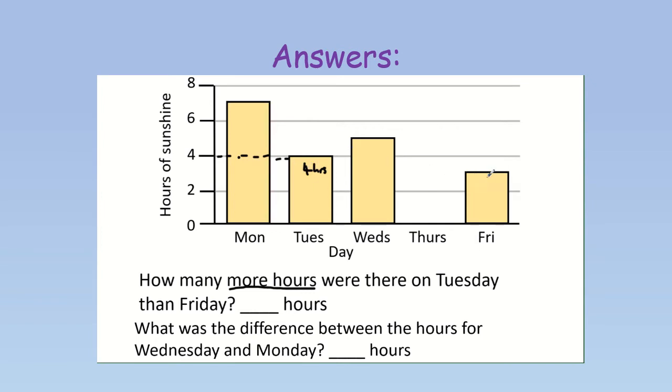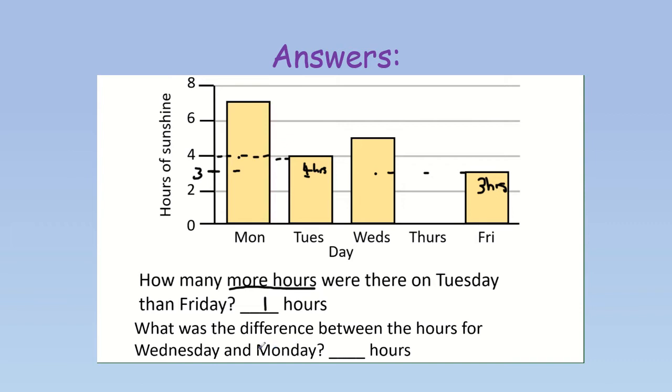So on Friday, if we follow Friday across, we can see that it is halfway between 2 and 4. What would be halfway between 2 and 4? Well done, 3. So Friday had 3 hours. So how many more hours were there on Tuesday? There was 1 more hour.